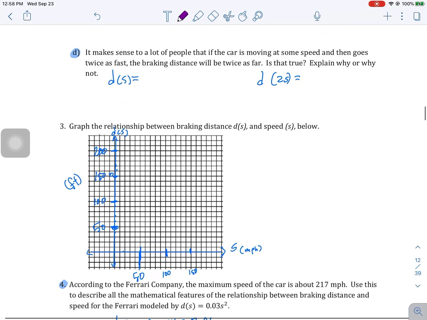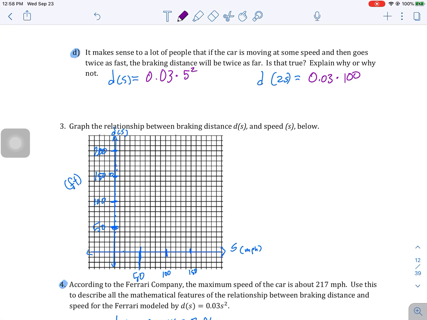So almost 100 feet if you're going highway speeds. Okay. Another one is, it makes sense to a lot of people that if the car is moving at the same speed and goes twice as fast, would the braking be twice as far? Well, if it's 0.03 times 5 squared, or it's 0.03 times 10 squared, that's 100.